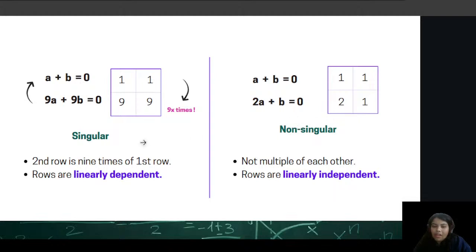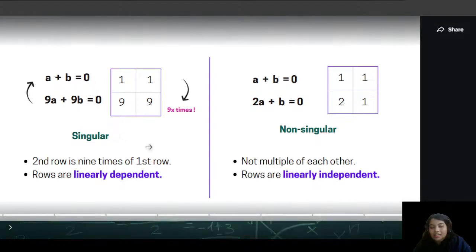As the first system is depicting linear dependency, we can say that the rows are linearly dependent.